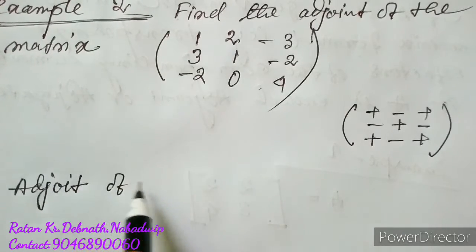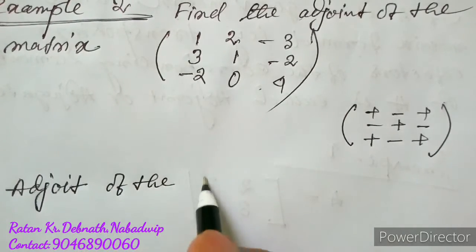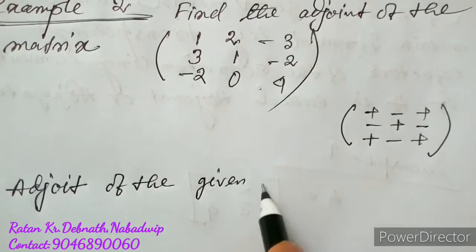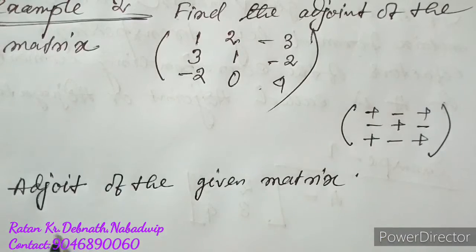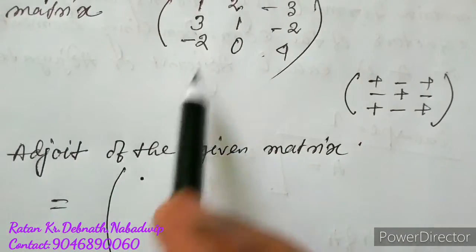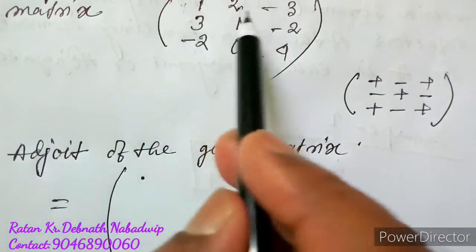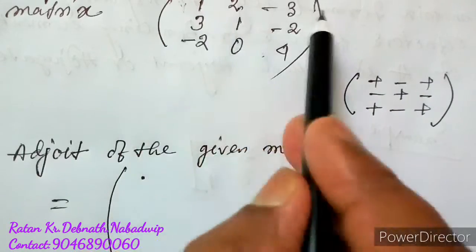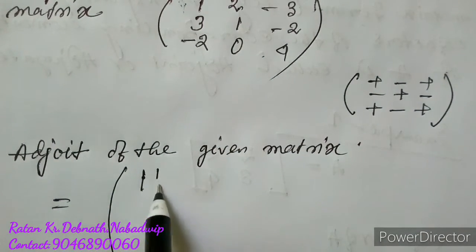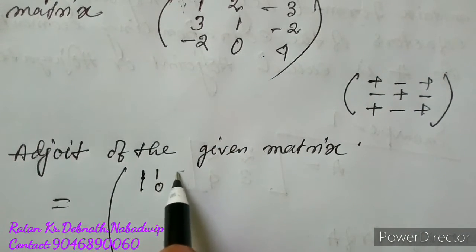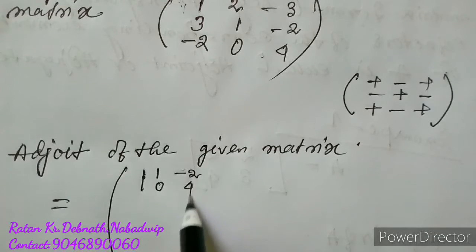Adjoint of the given matrix, cofactor of 1 equal to this row suppress, this column suppress, this portion 1 0 -2 4.